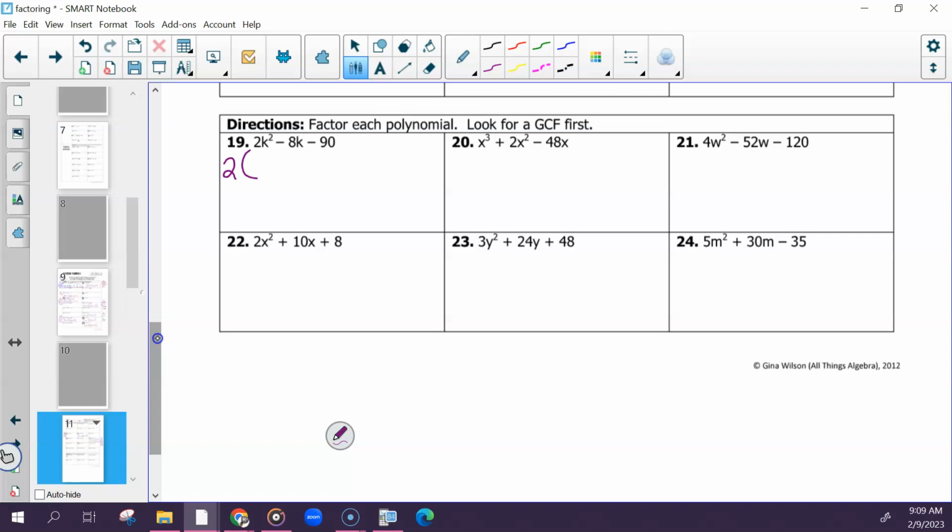K squared, negative 4K, negative 45. Then we're just focusing on the inside, because that inside is what we were just doing, where our A value is 1. So we're looking for two numbers that multiply to be negative 45, add to be negative 4. Think about your factors of 45. I don't think there's many.